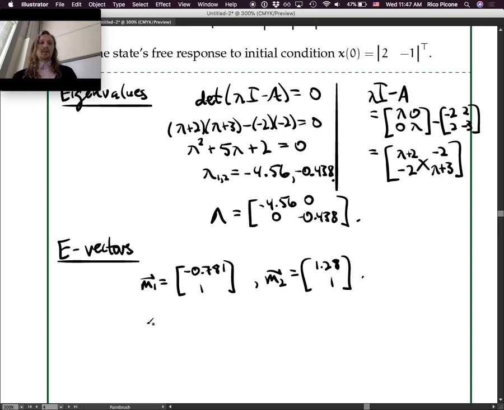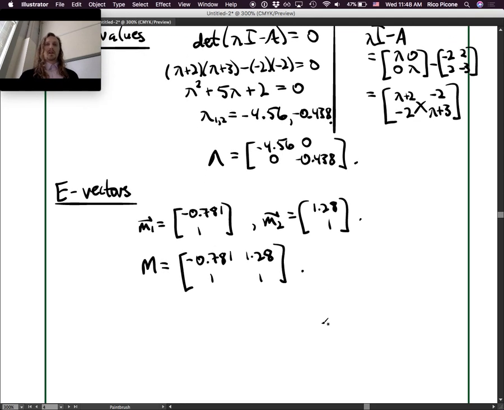So that means our modal matrix is, whoops, 1.28, 1. Boom. Okay.